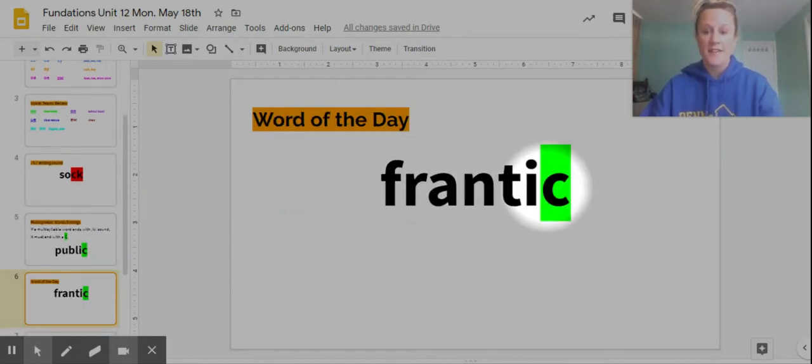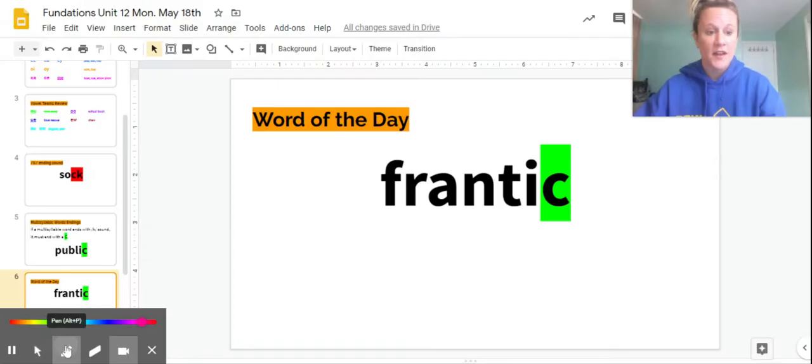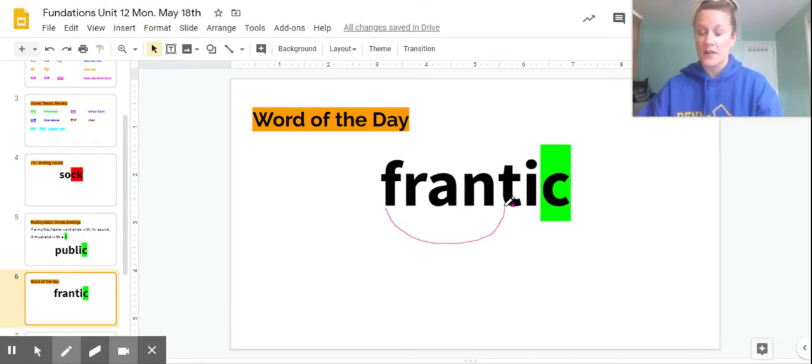Frantic. Frantic, which means kind of nervous, a little crazy. I was running around frantic because I couldn't find my phone. So let's take a look how we mark up this word. We know that fran is one part, tick is the other. Both are closed syllables.